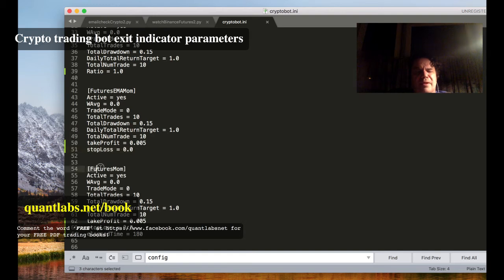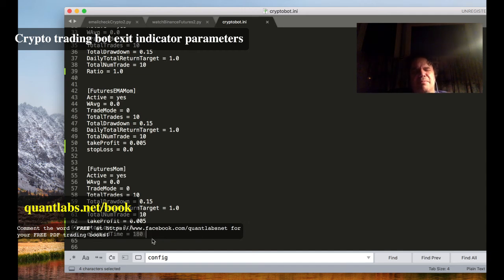This one strategy, the futures momentum, is a little more evolved. Again, we have the standard take profit and stop loss, but I've also added in the elapsed time, and I can add these to the other strategies as well. This is in minutes. So 180 divided by 60 comes out to 3 hours.